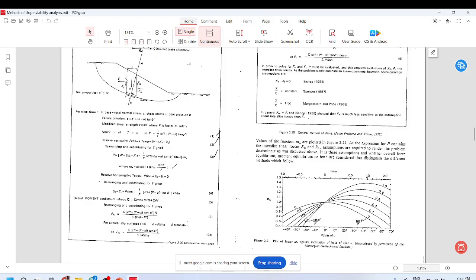The forces in the horizontal direction, the forces in the vertical direction, and the moments should be zero.